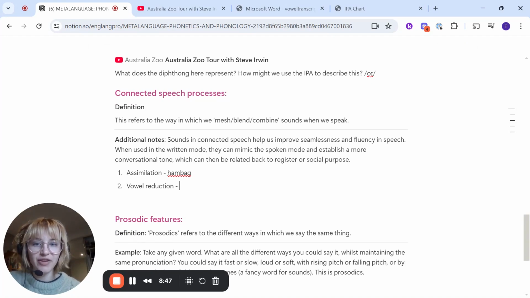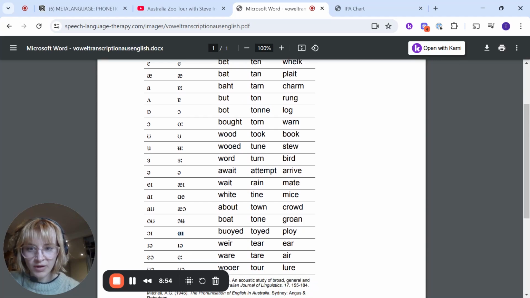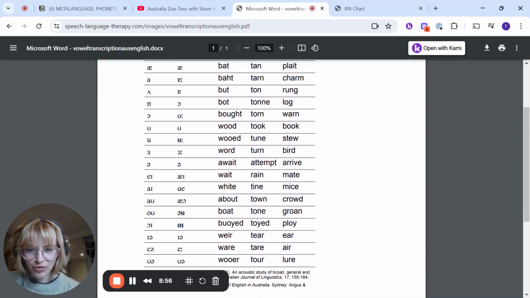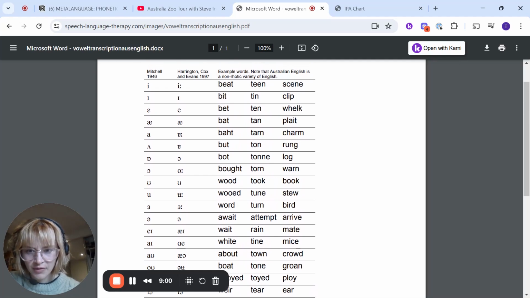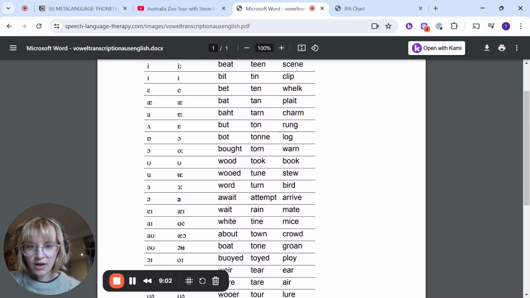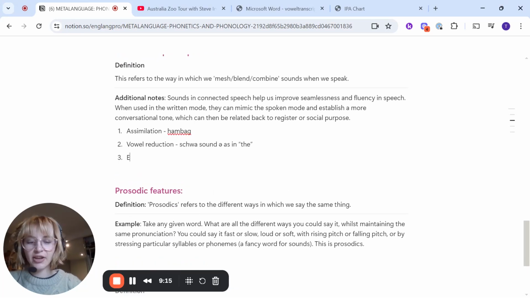I would have to copy it over. It's my schwa. Here it is. Await, attempt, arrive. As in the. That's vowel reduction.